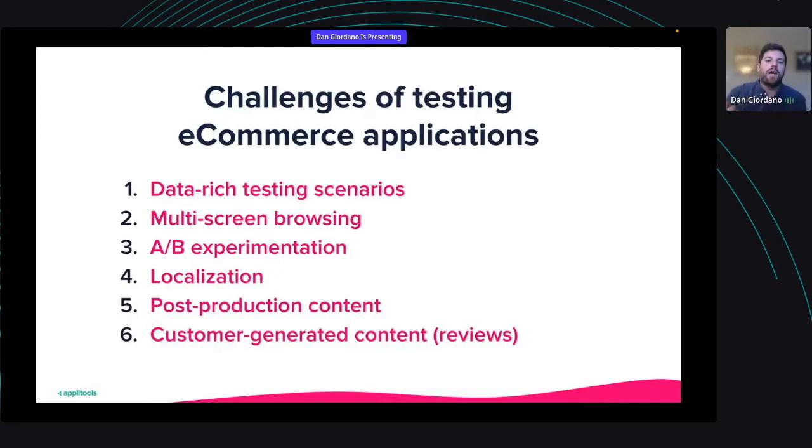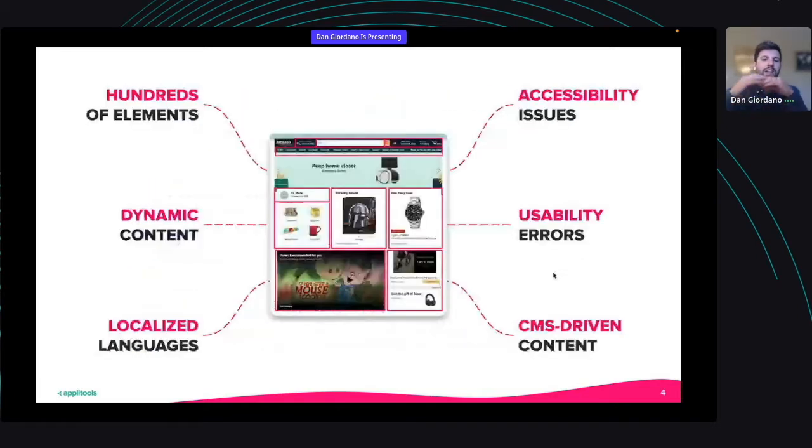So all of these aspects, I think, come together and create a really difficult environment for testers when they go to validate e-commerce applications. You can see here a good example of a single screen and all the different issues that can arise from it. There are hundreds of elements that are visible.